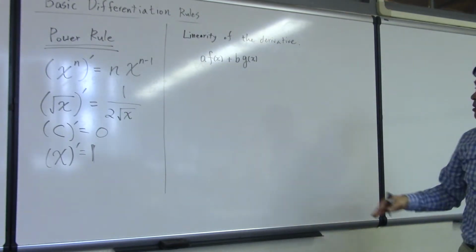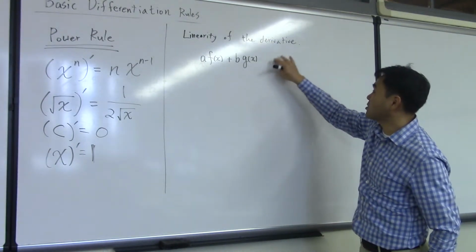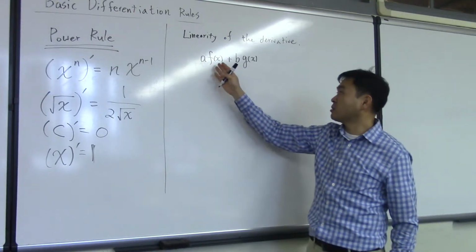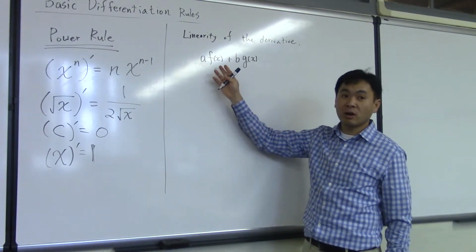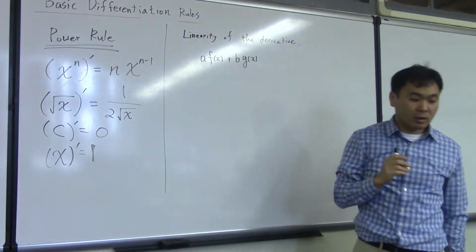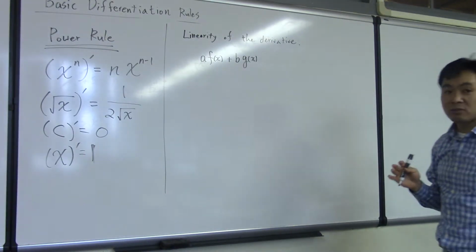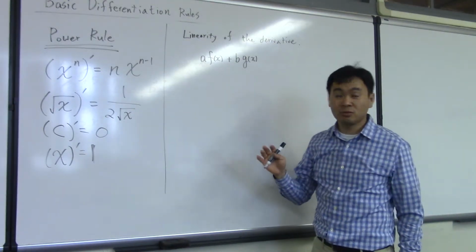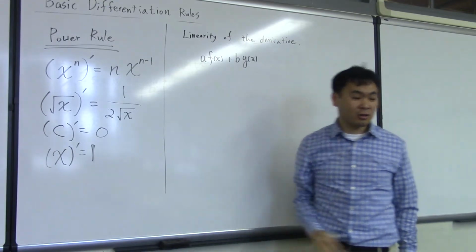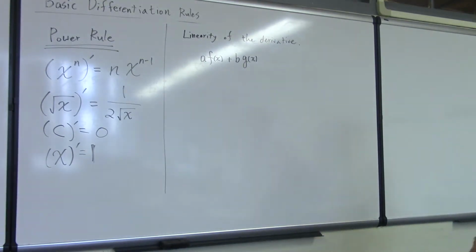If you have another function, you can put another thing like that in. Such a form is called a linear combination of two functions f and g. Physicists like to call this the superposition of two functions. f(x) and g(x) are superposed to make another function.